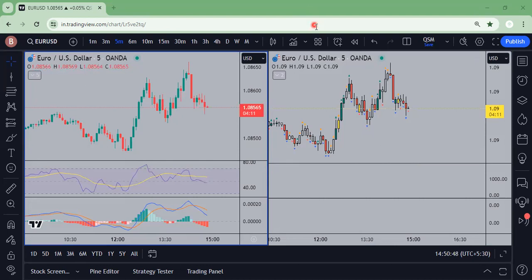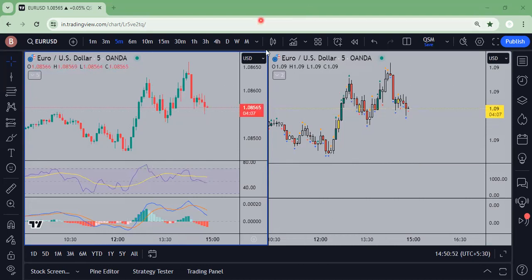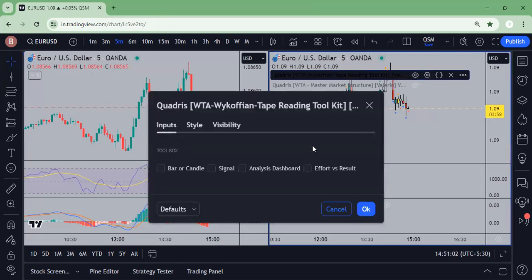First thing, I've made a manual of this toolkit. Once you go into the settings of it, this is a new feature, effort versus result, added into it, but still it's in beta phase.